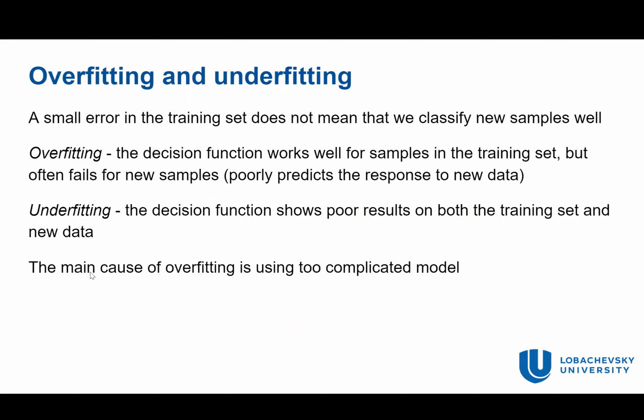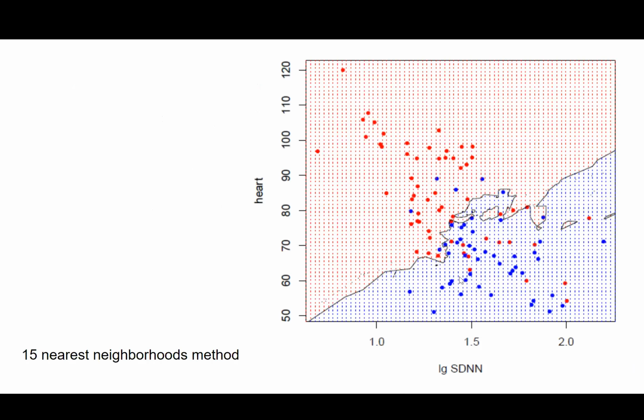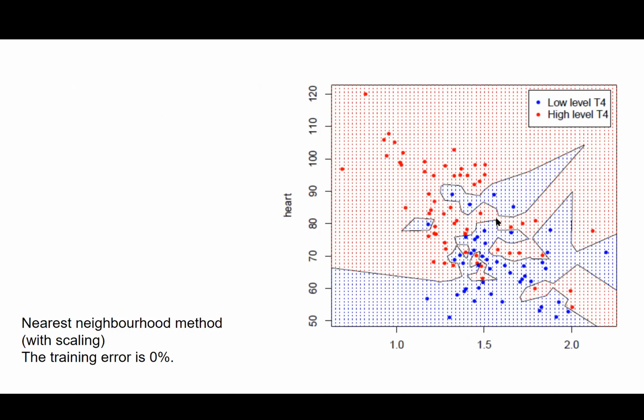And the main cause of overfitting is using too complicated a model, with too complicated a border, too complicated a decision function. Here they have too complicated a border, too complicated a decision function, and here we will have overfitting.